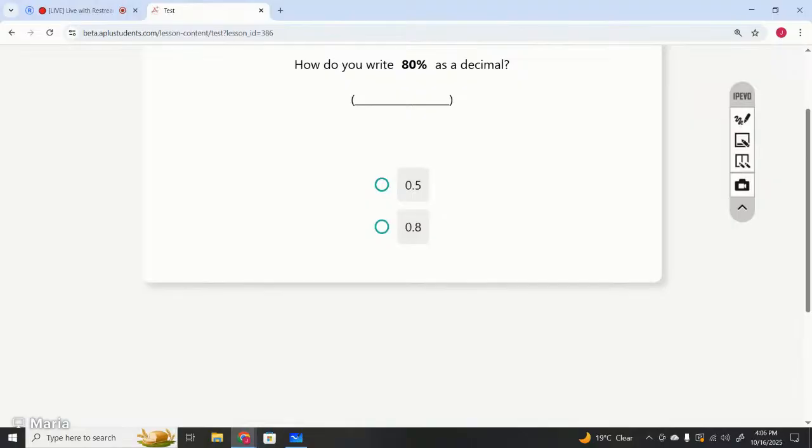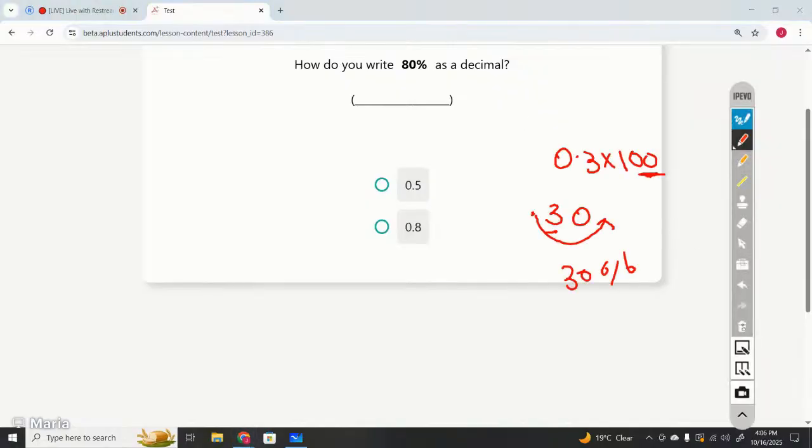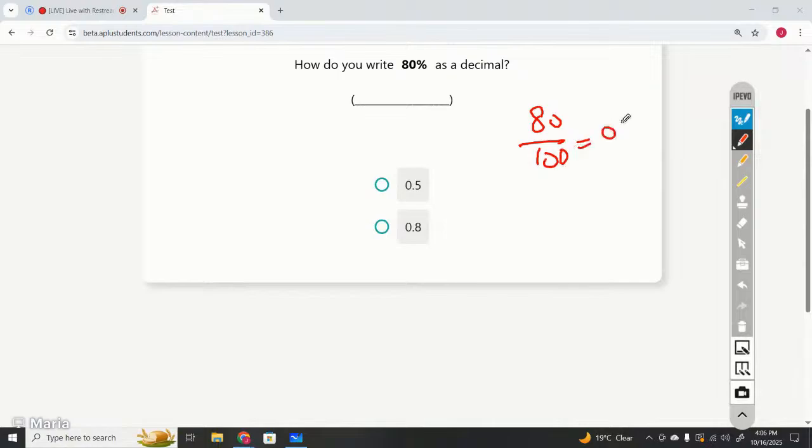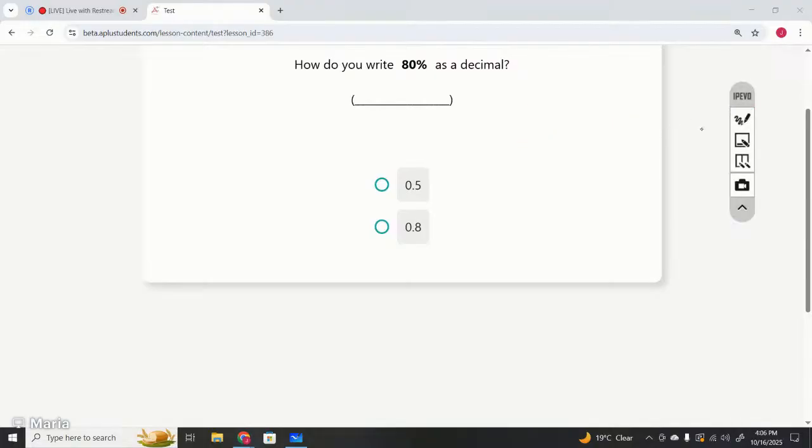How do you write 80% as a decimal? So you need to divide 80 by 100, right? When you divide 80 by 100, that equals 0.8. Option number 2 is the correct option, that is 0.8.